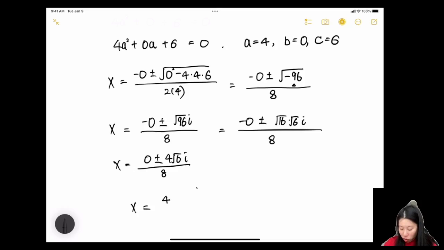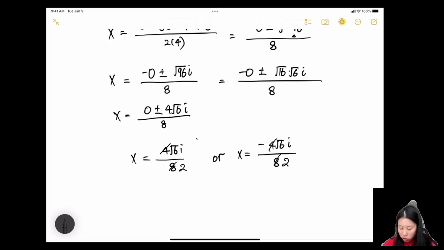Either x equals 4 square root of 6i over 8, or 0 minus, which is negative 4 square root of 6i over 8. Now simplify. 4 and 8 cancel, you have a 2 left. So your solution is either x equals square root of 6 times i over 2, or x equals negative square root of 6 times i over 2.